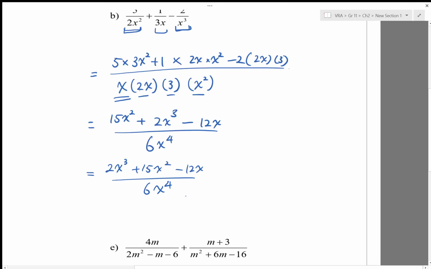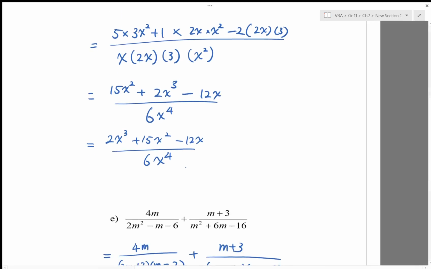So from 2x squared, the uncommon one with the x is 2x. From the 3x, other than the x, which is the common one, the uncommon one is 3, so I put 3. And from x cubed, other than the x, which is the common part, the uncommon part is x squared, right? As long as you understand that part, the rest becomes quite simple, easy.